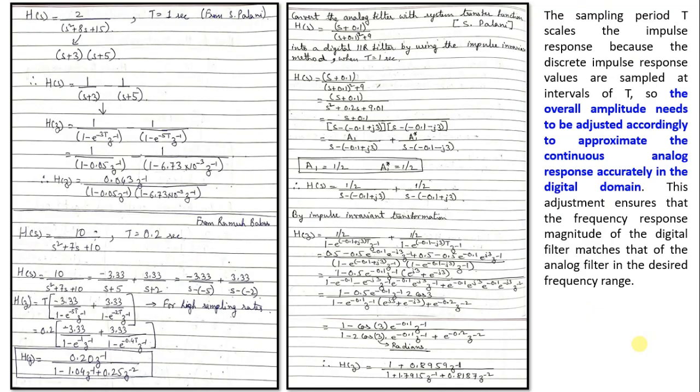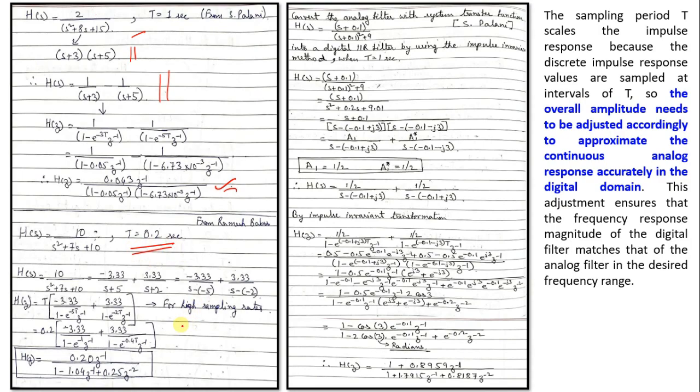Okay. Similarly, over here also we get the same thing, 2 by s square plus 8s plus 15. So over here, then H is equal to this thing. By the partial fraction method you do the breaking, and then you solve it. Now if T is given, T is equal to 0.2 seconds.